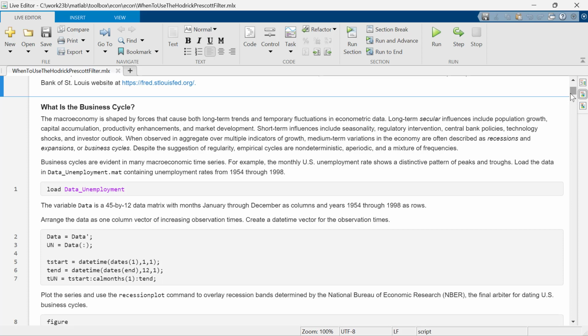And that's the challenge of developing these filters, to decide what part of all that you want to separate out and call the business cycle, and what part you want to have remain for the trend.